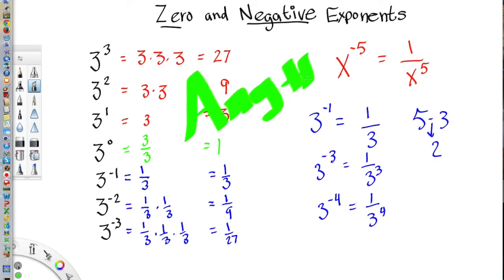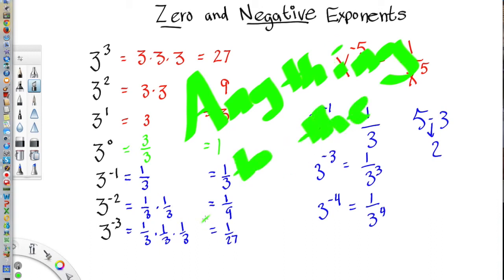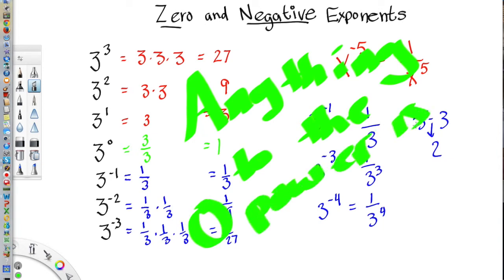Anything to the 0 power is 1. It's always 1. Sorry about my penmanship here, I wrote a little too fat, but anything to the 0 power is 1.